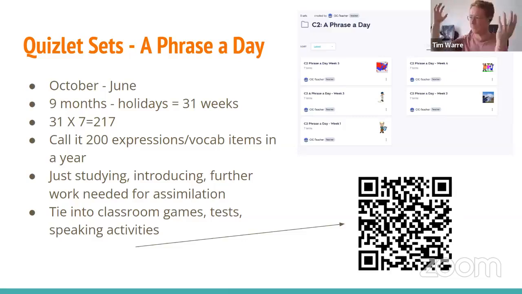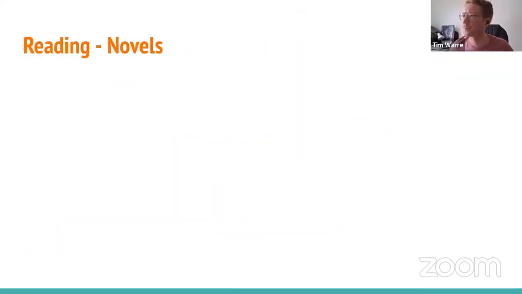So it'd be great to build up this big database of expressions in the folder, very easy for them to access. As we said, tying into rule 3 about making it as easy as possible for them to get to. C2 expressions for weeks 1 to 5 there.